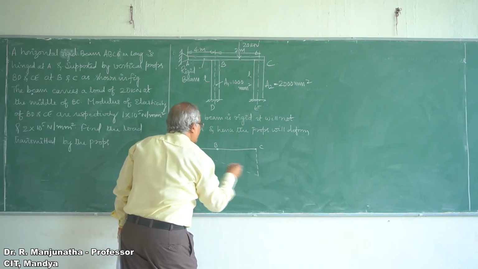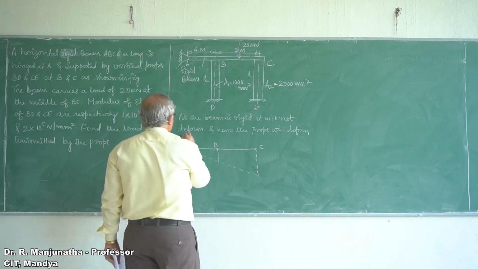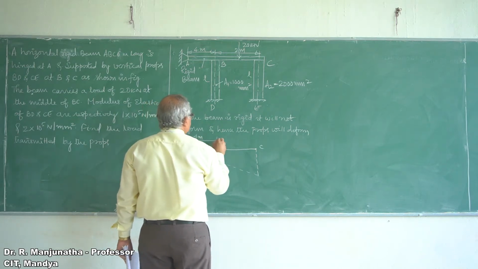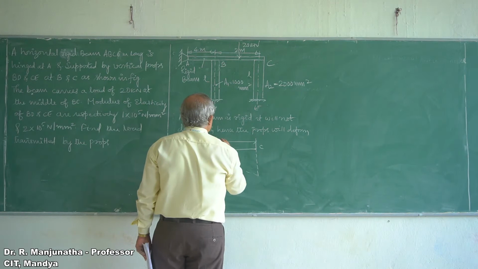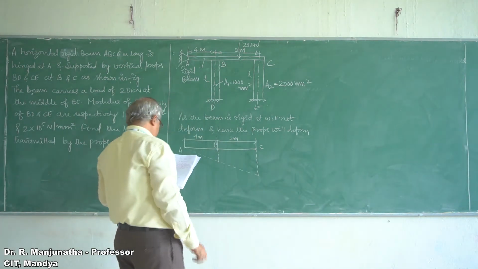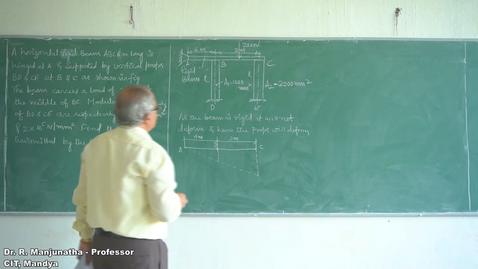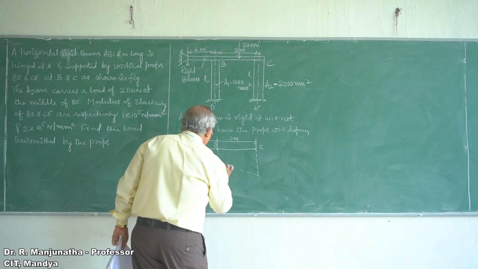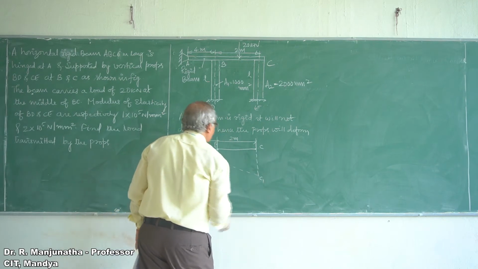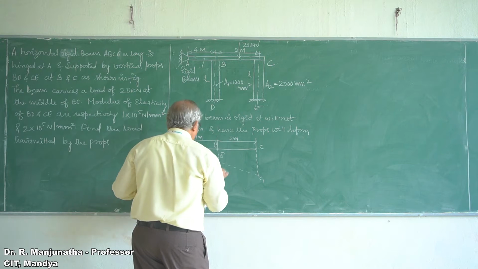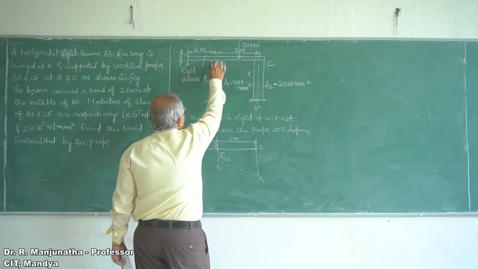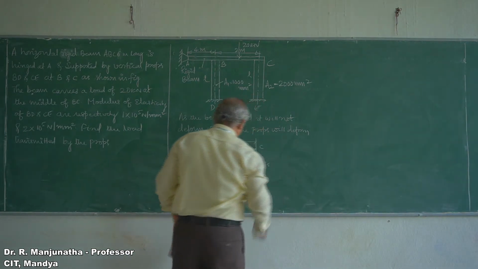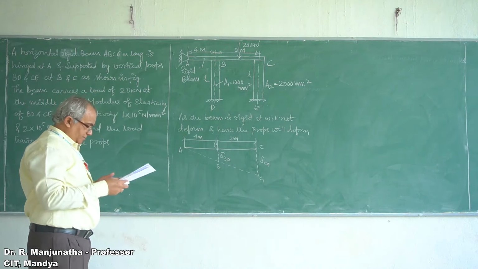The distance between these two is 4 meters and this is 2 meters, so the total distance is 6 meters. Here this will be B1 and C will be C1. This is delta BD, the deformation in member BD, and delta CE is the deformation in member CE.